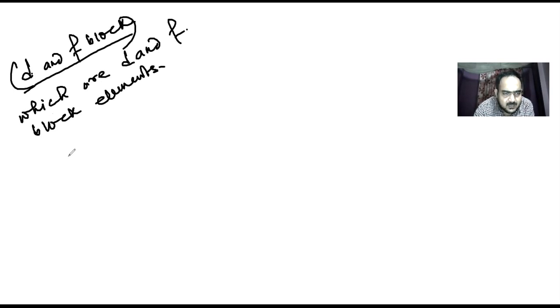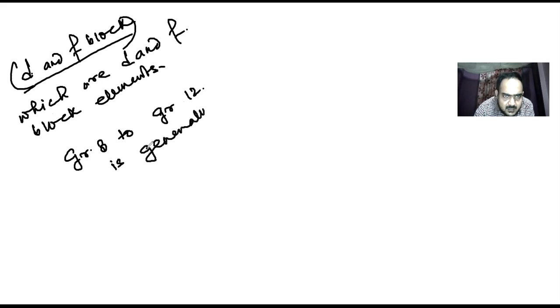In the periodic table, group number 3 to group number 12 is generally known as D block elements.